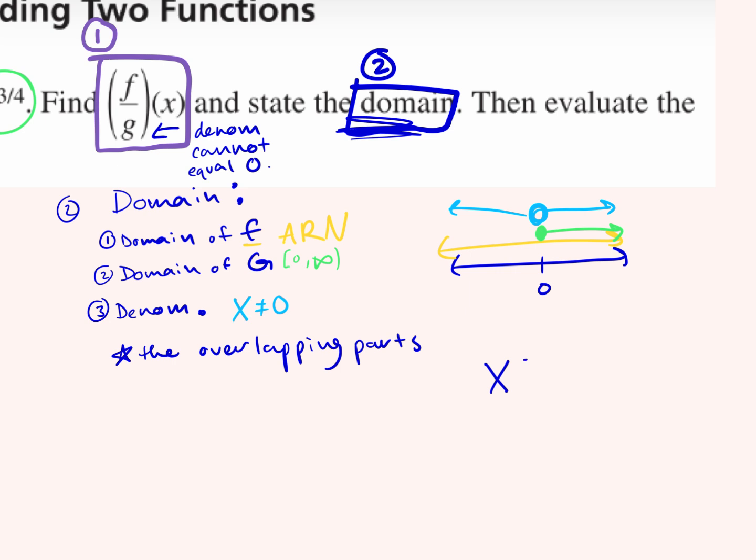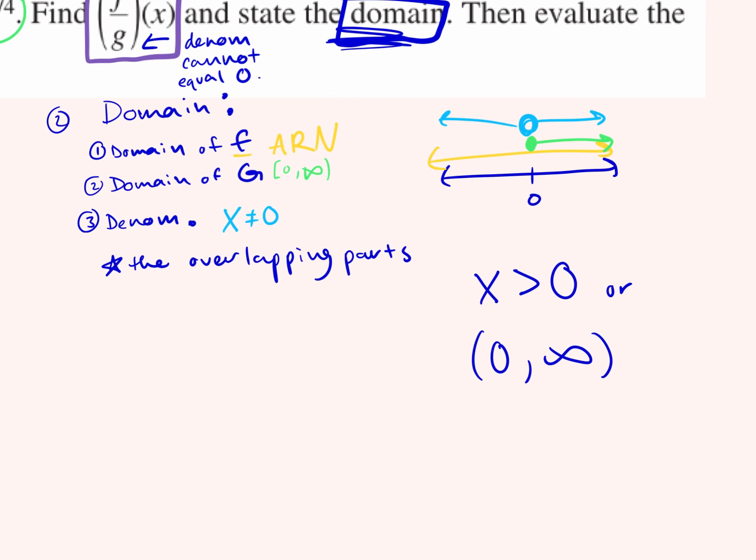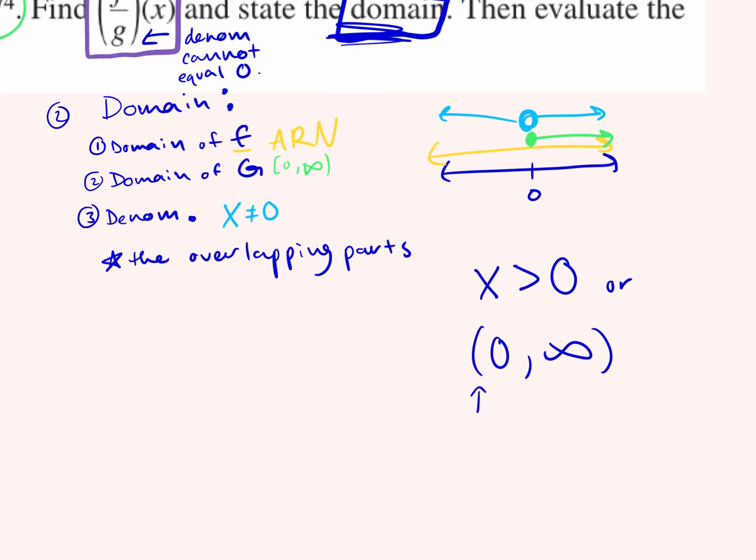So we would just say x is greater than 0, or you could write it from 0 to infinity. But notice here how I have a parentheses because this means that 0 is not included. We put a bracket when 0 is included, but here we said x cannot be 0. So I would put a parentheses.